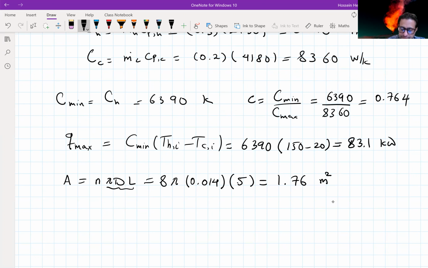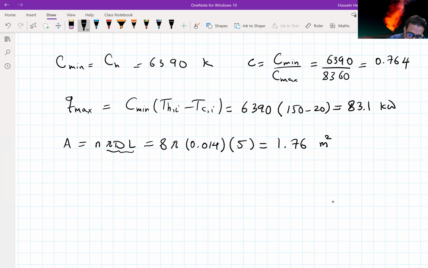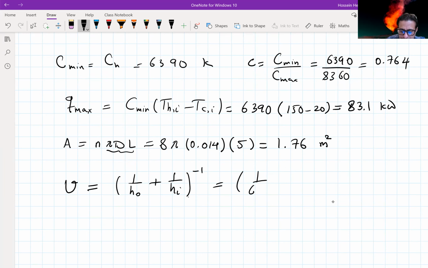So this is the total surface area. We have HI and HO, so I can evaluate U. Since we are using a highly conductive tube with a very thin wall, we can assume the main resistance is the convective heat transfer inside and outside the tube. And we have 1/1636 plus 1/1605, all to the power of -1, which gives us 310.05 watt per meter square Kelvin.